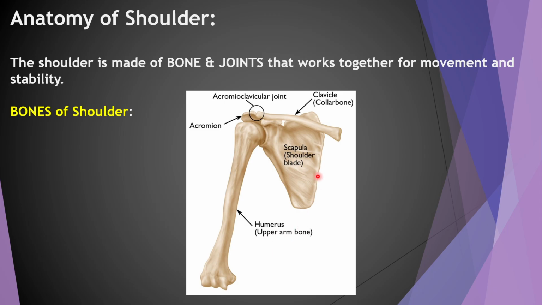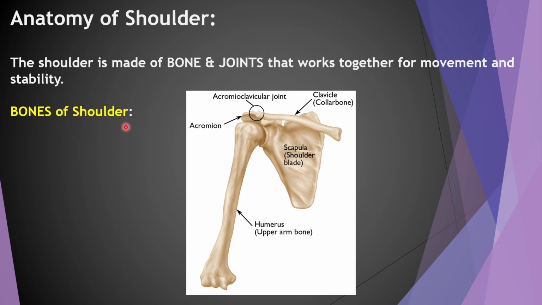And the main shoulder joint is the glenohumeral joint. It is a synovial ball and socket joint formed between the head of the humerus and the glenoid cavity of the scapula, and it allows a wide range of movement, stabilized by the ligaments and the rotator cuff muscles.